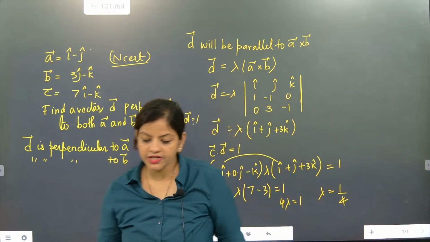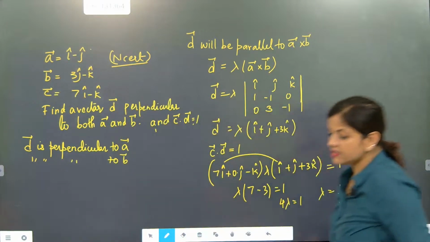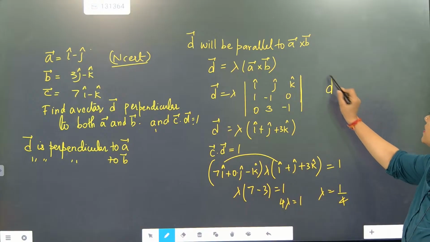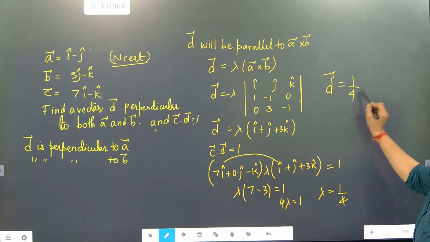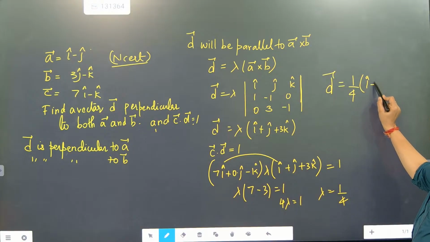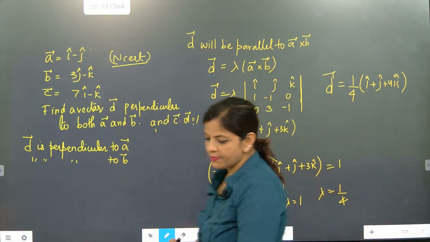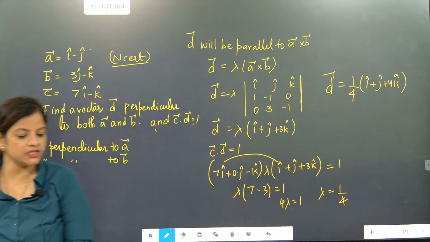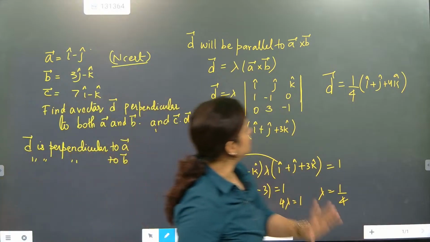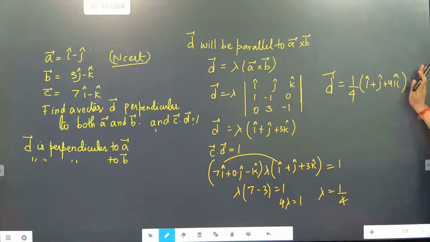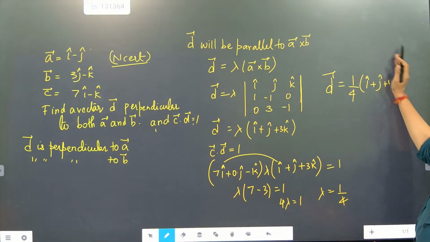So now what is D vector coming? D vector is coming as 1 by 4 I plus J plus 4K, and this is your precise answer. So this is, sorry, I plus J plus 3K, because here it is 3.